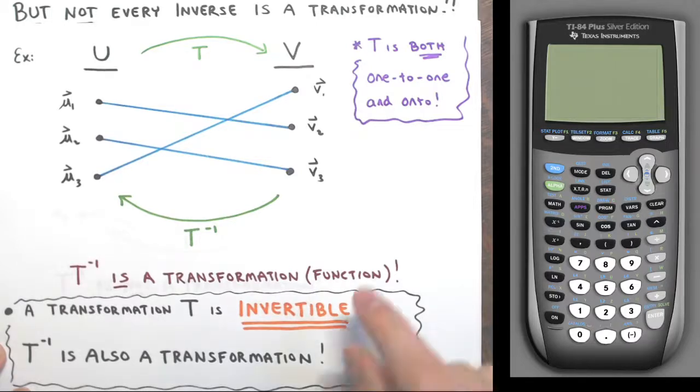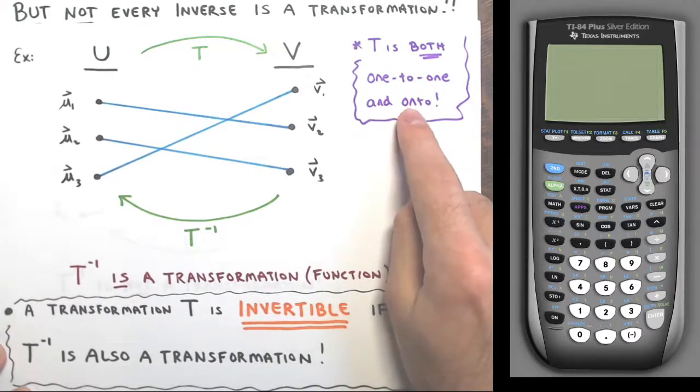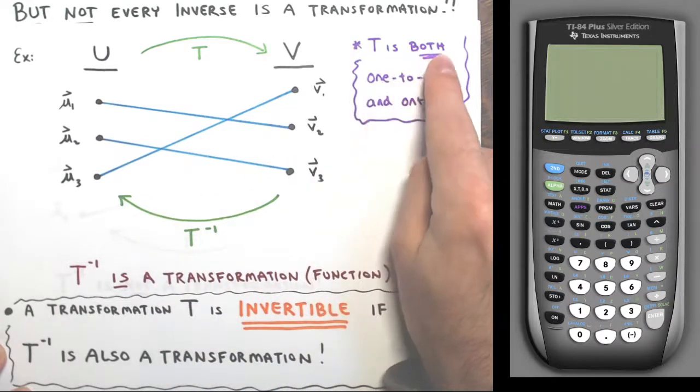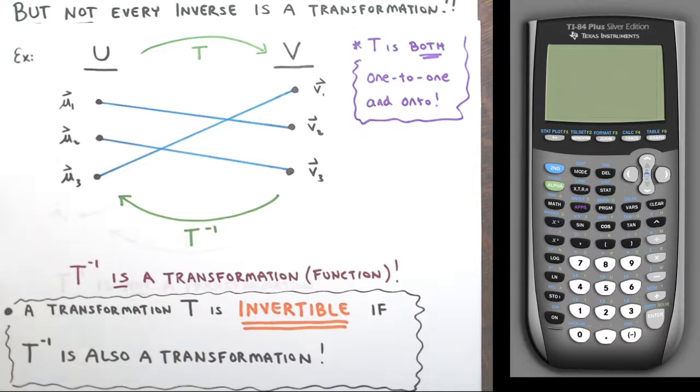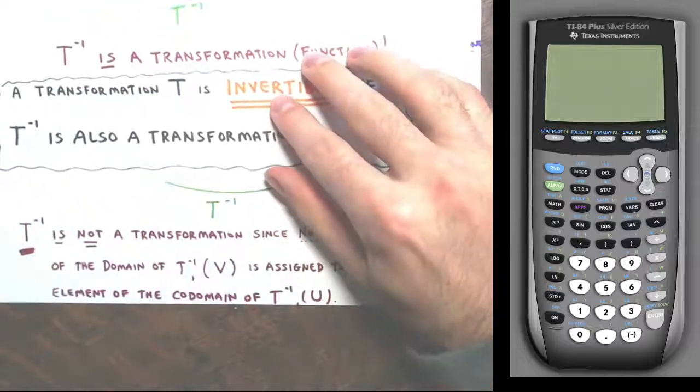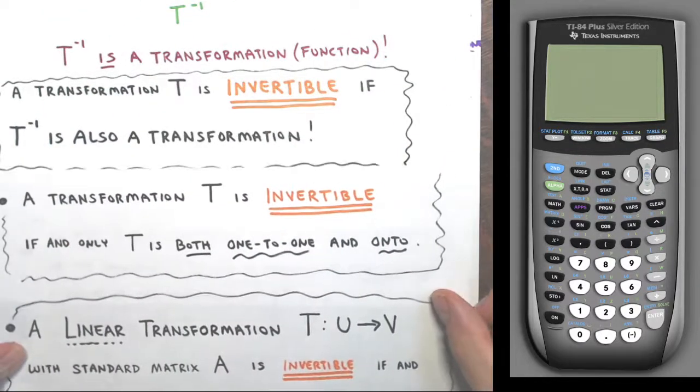And do you see the conditions? This only happened when my transformation T was both one-to-one and onto. So that's what I have written as the next point involving invertible transformations.